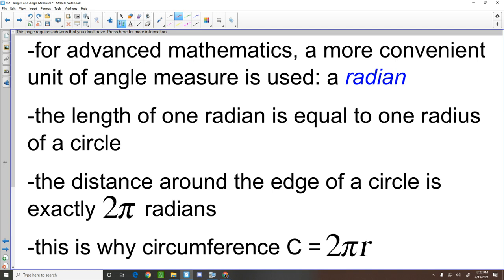So this is a much more precise unit of measurement as opposed to that somewhat arbitrary degree, right? The length of a degree was just some number that people picked out of thin air for the most part. But a radian is a precise unit of measurement based on the property of the circle itself. 1 radian is equal to 1 radius of that circle.